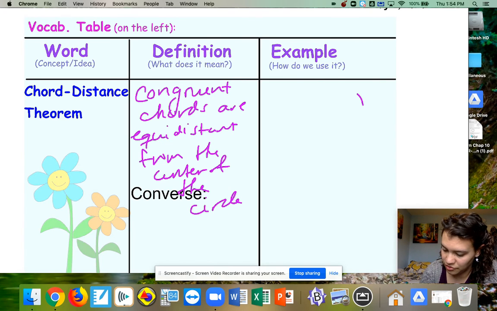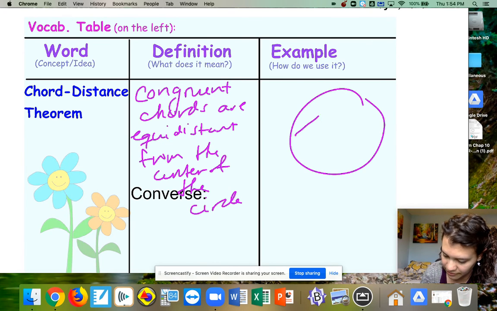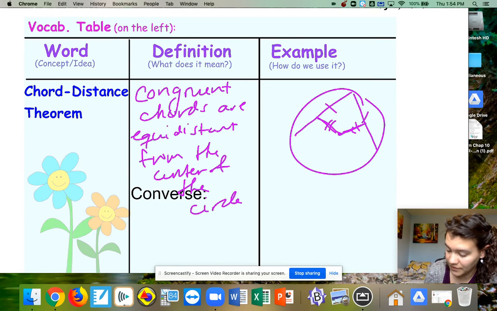So you draw a circle, and we have two chords that are the same, and this is the center. These are then the same distance, and these are going to be at 90-degree angles.